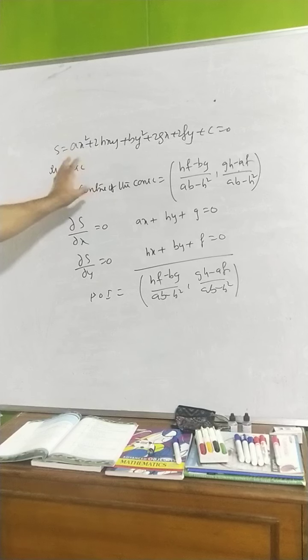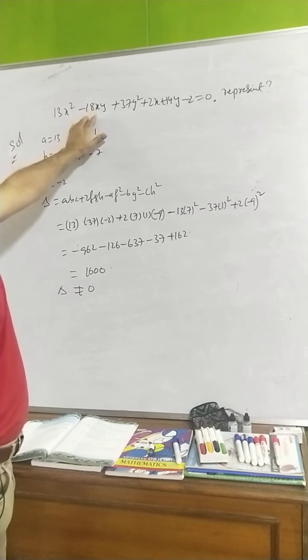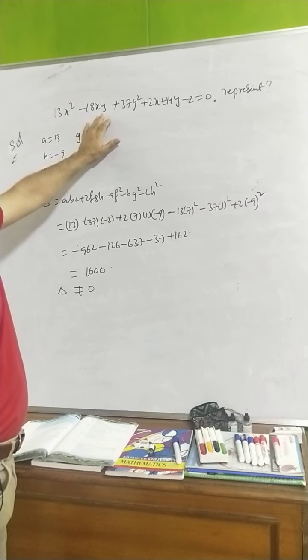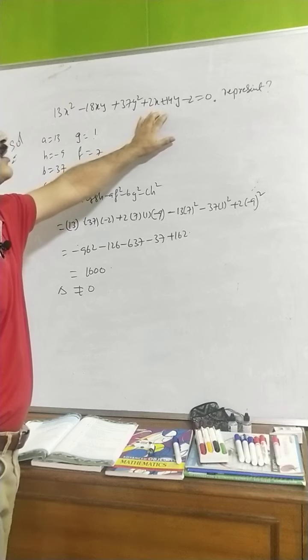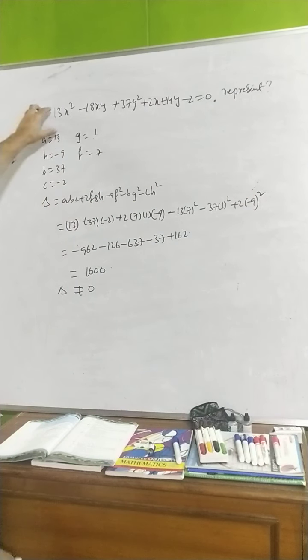Now we'll do one problem on it. You see here I have taken one example: 13x square minus 18xy plus 37y square plus 2x plus 14y minus 2 represents what? So at that time what I did here, I compared the a, b, c, g, f values.